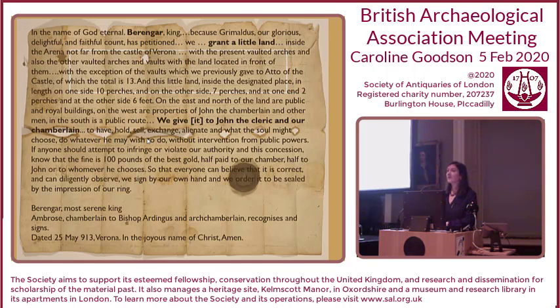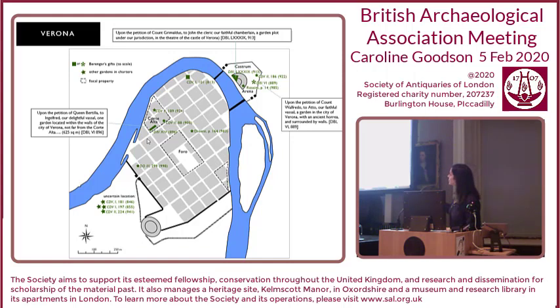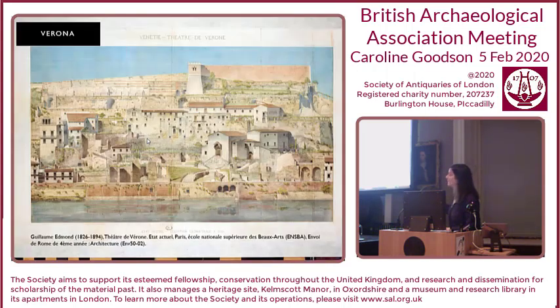And what Johannes does with it is create a xenodocium with it. This is a 19th century drawing of the theatre of Verona and the church of San Siro, which was built out of the property that John the Chamberlain acquired from Berengar and dedicated to a religious institution upon his death in the 10th century.